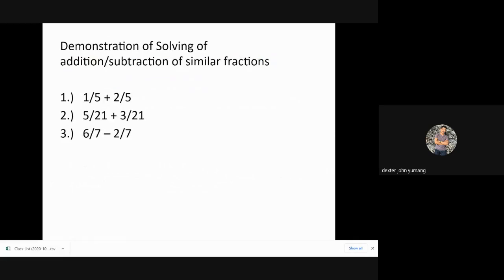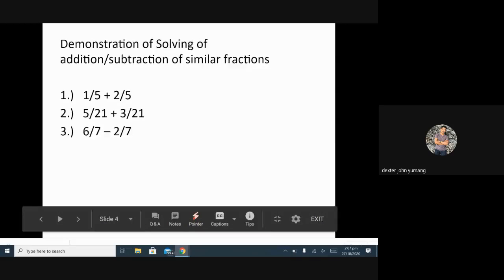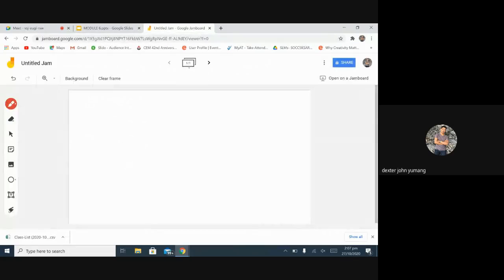So, a demonstration of solving addition and subtraction of fractions. How do we add and subtract similar fractions? Look at the given, 1/5 plus 2/5. Observe this one.